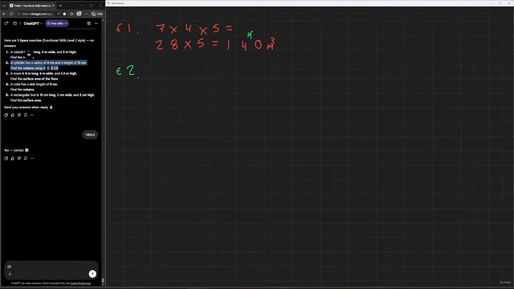Wait a second, the cylinder. I think the cylinder is like that thing around here, and then it's like this. Yeah, so the circle is here, kind of.